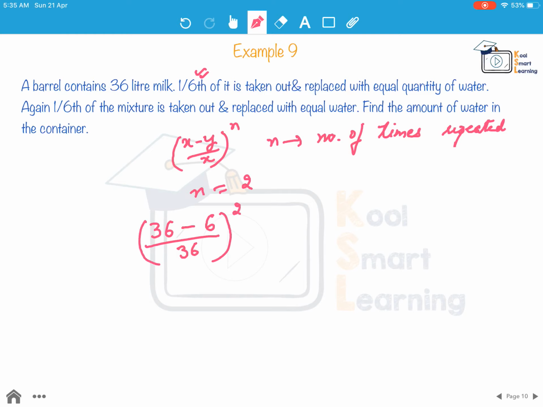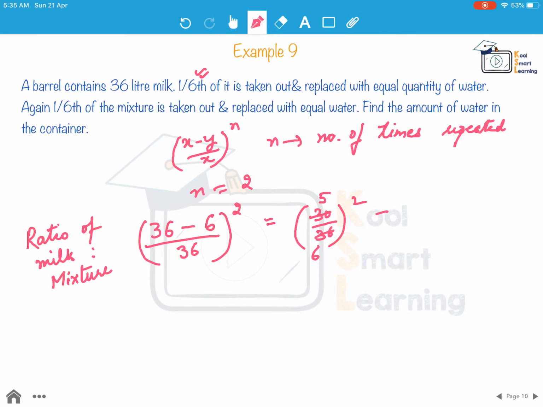raised to the power 2. Now this is the ratio of milk to the mixture. So this becomes 30 by 36 whole square. If we cancel this we get 5 by 6 whole square, which is 25 by 36.